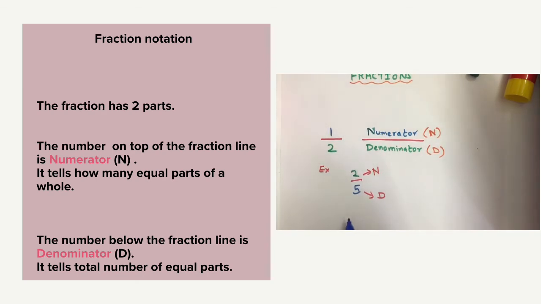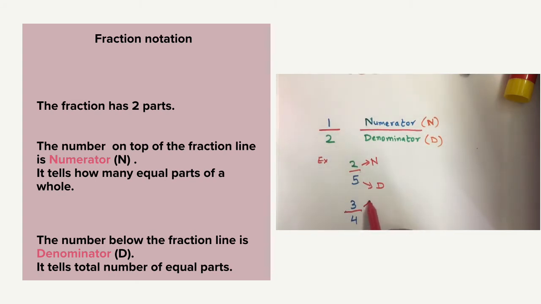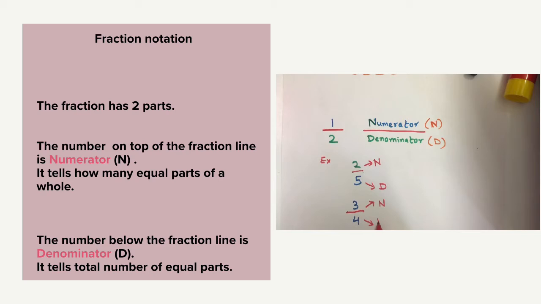One more example. 3 divided by 4. Here, this number on top is the numerator, the number below the fraction line is the denominator.